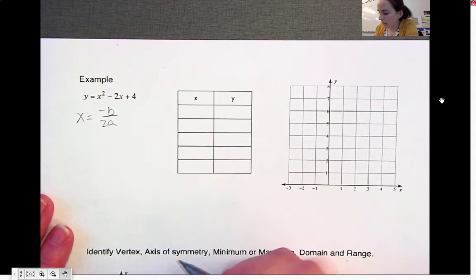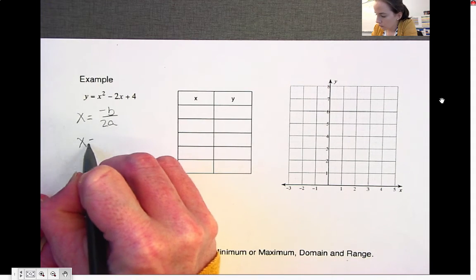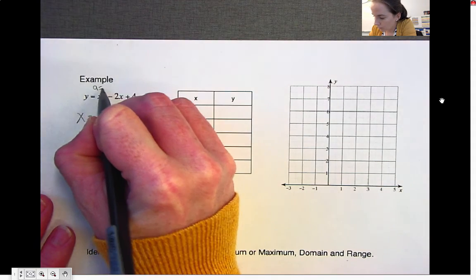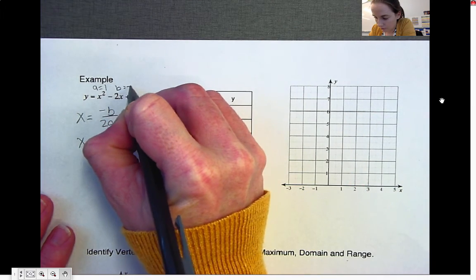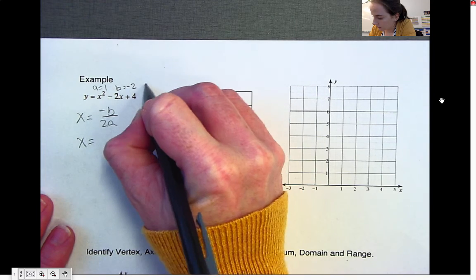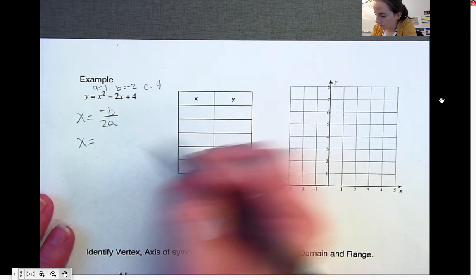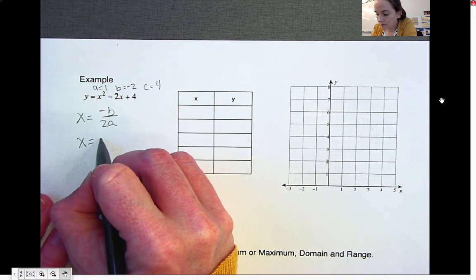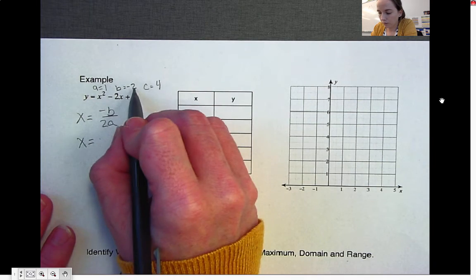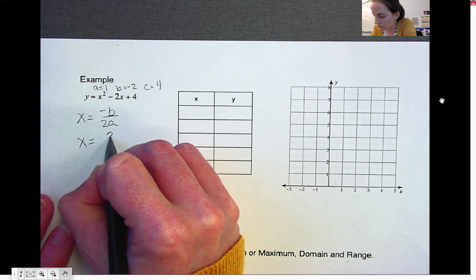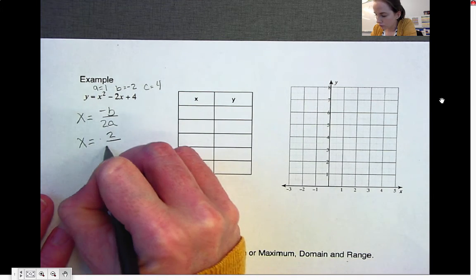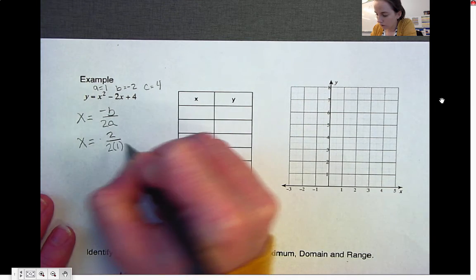Opposite of b over 2a. Well, the a is 1. The b, careful, is negative 2. And the c is 4. So we take the opposite of the b value. Well, the b value is negative 2, so the opposite of negative 2 would be positive 2 over 2 times a, which is 1.